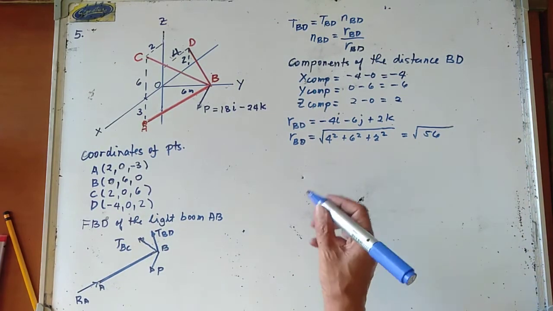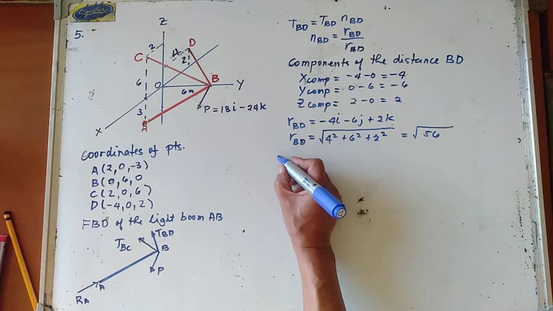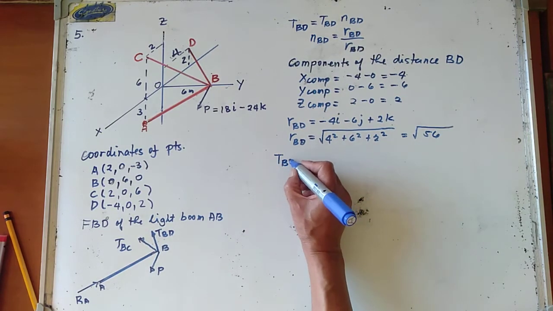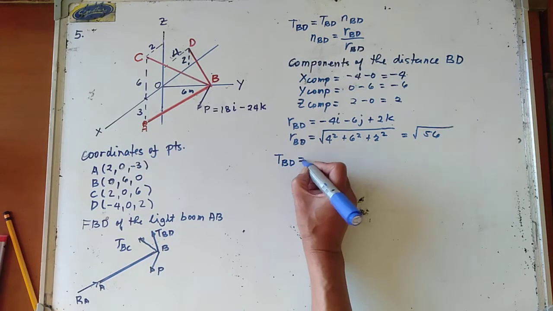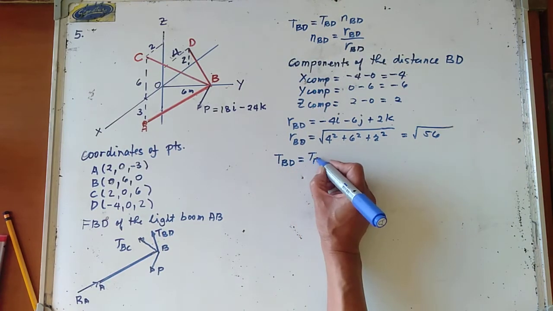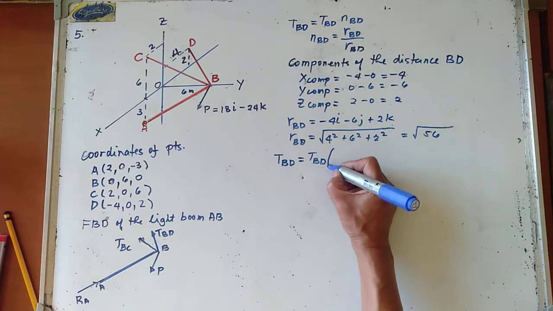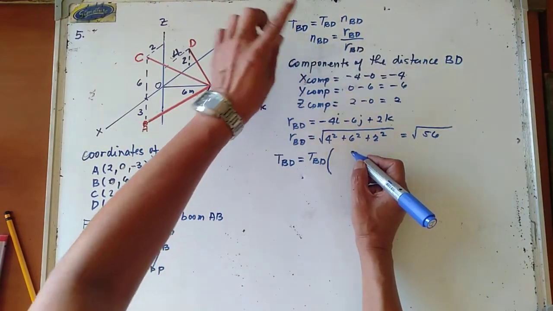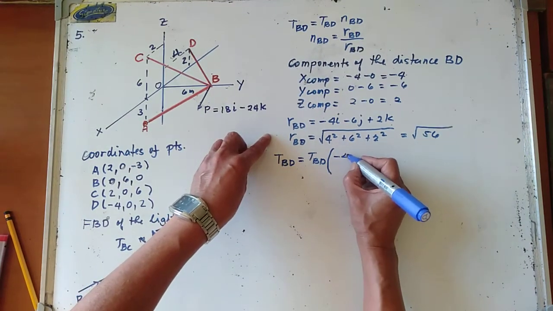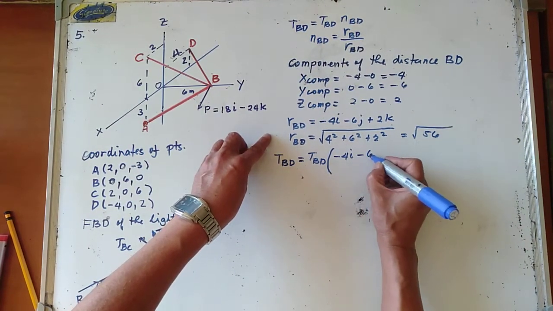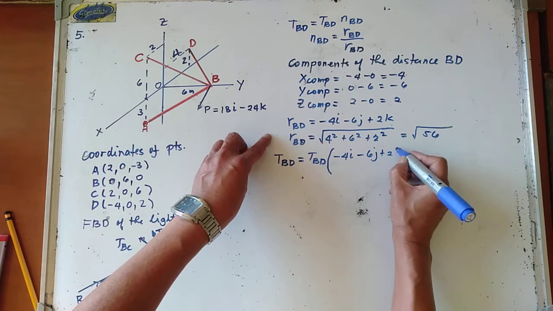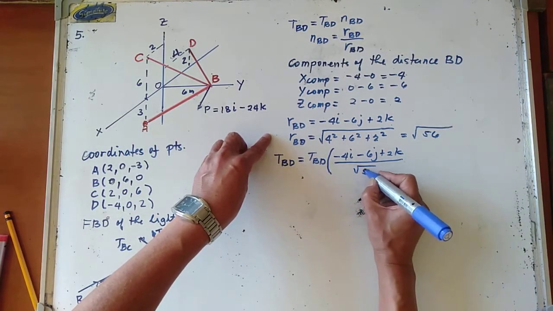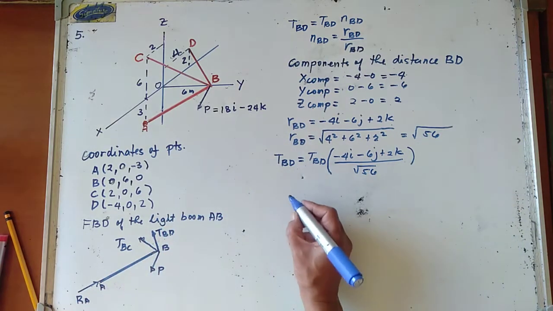Hence, tension in cable BD in Cartesian form is its magnitude times the unit vector BD, so minus 4i minus 6j plus 2k all over the square root of 56.